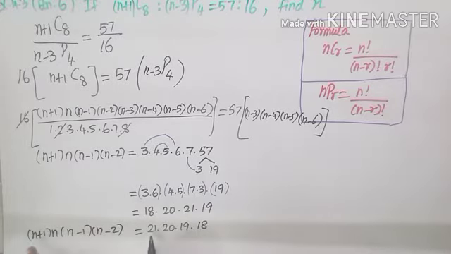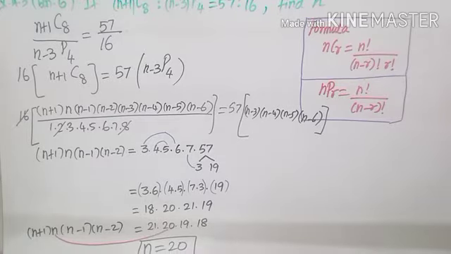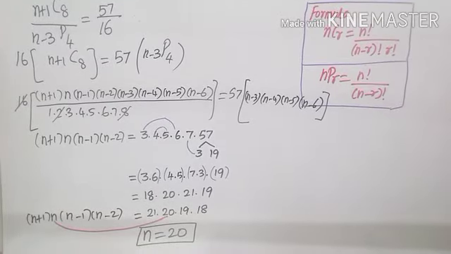Check whether it is right. n plus 1 is 21, n is 20, n minus 1 is 20 minus 1, n minus 2 is 20 minus 2. So it exactly suits. Comparing the corresponding numbers, n equals 20, and that is the answer. So we are able to find the n value.